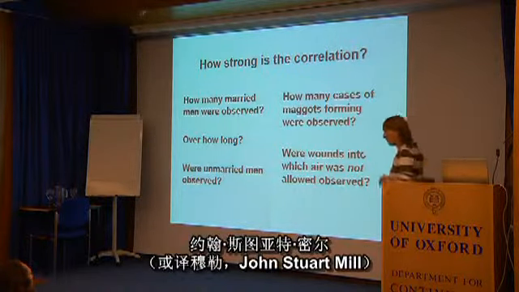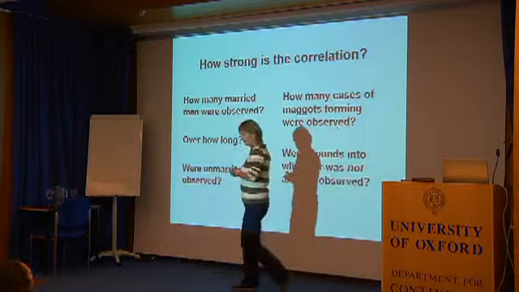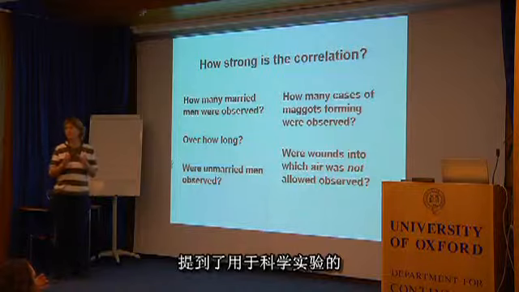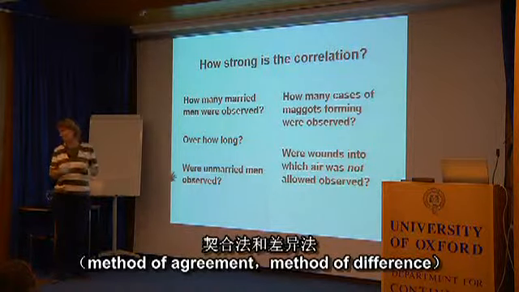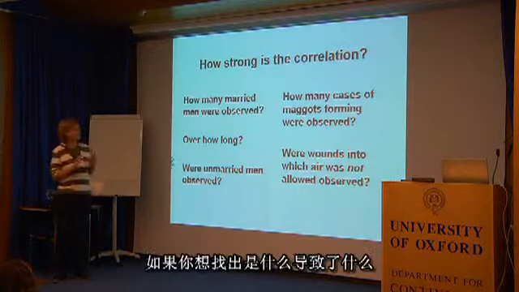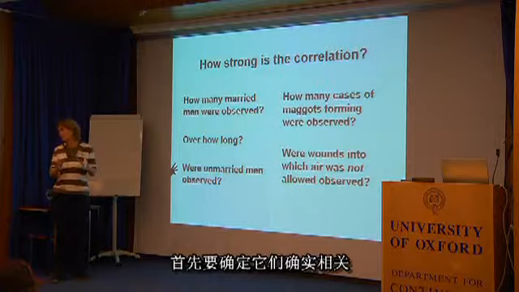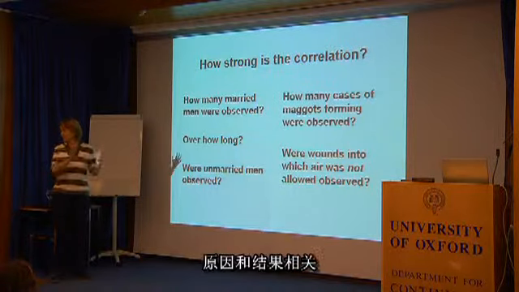Because John Stuart Mill, famous English philosopher, came up with what he called the method of agreement and the method of difference for scientific experiments. If you're trying to work out what causes what, you need to see firstly that they do correlate, that the cause correlates with the effect.